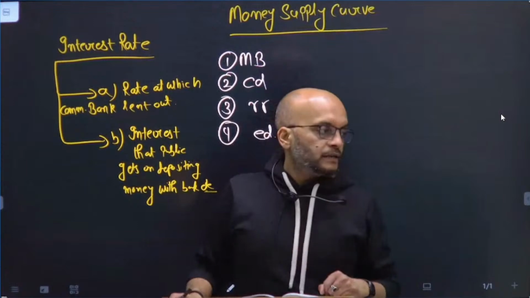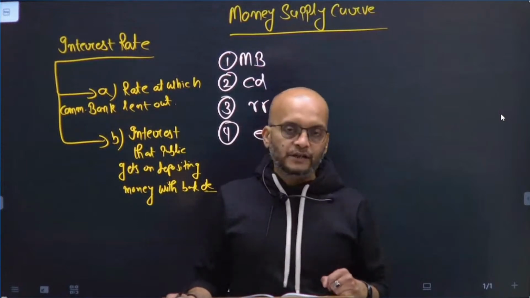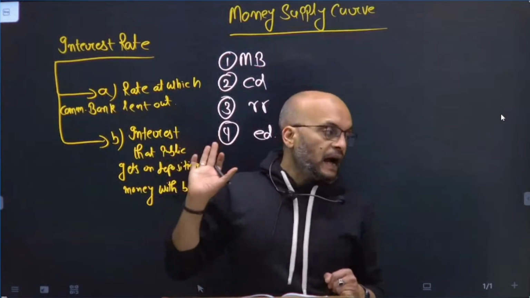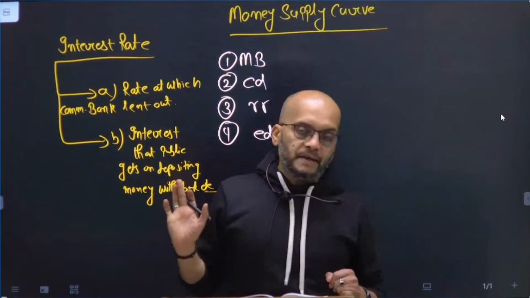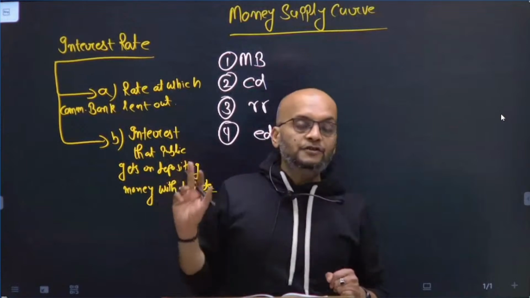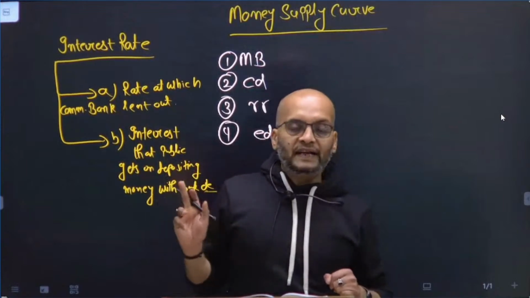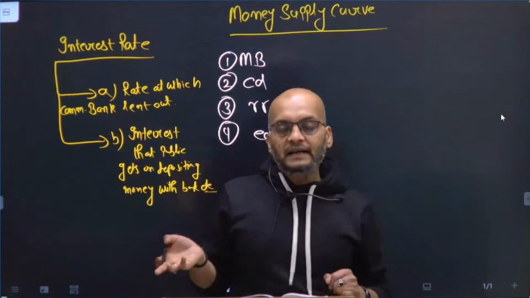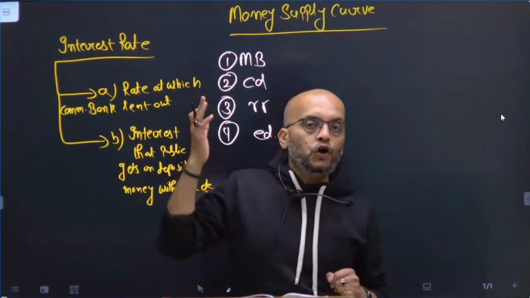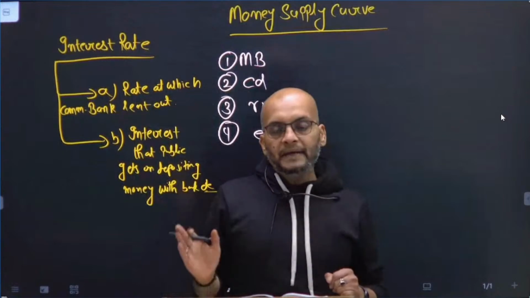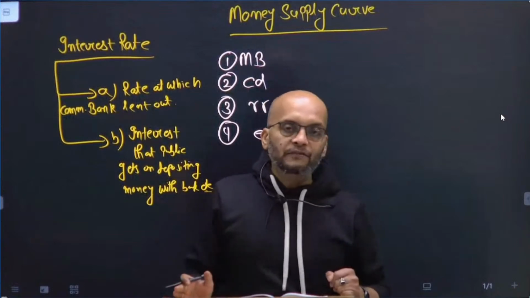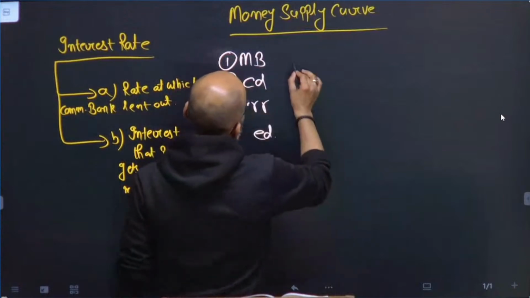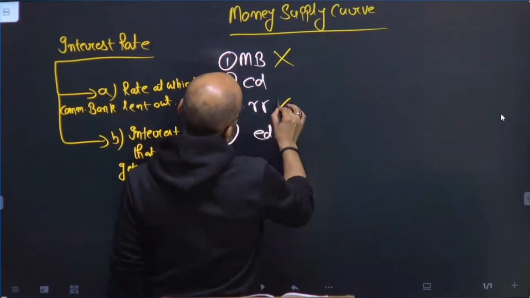Now see, the point that I told you that you have written is that MB and RR will not be affected by the interest rate. That means whether the interest rate is increased or decreased, MB and RR will not be affected. Why? Because these two are determined by the central bank.